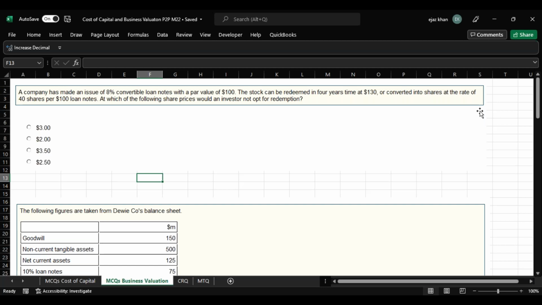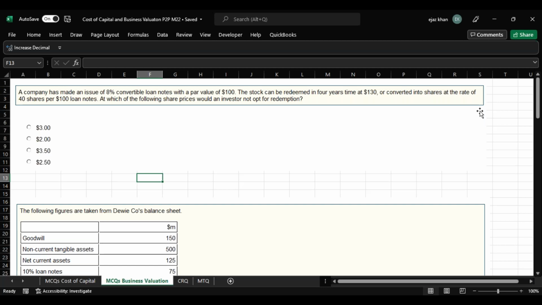If you ever have to find the value of shares or the value of any debt, it is always the present value that you have to calculate. It's always the present value that you have to calculate, simply.